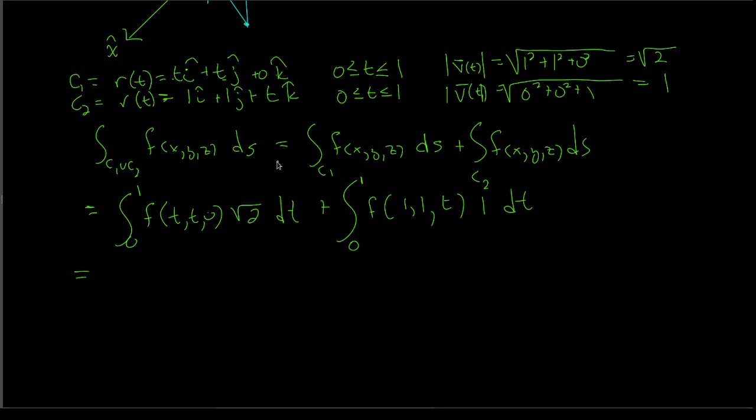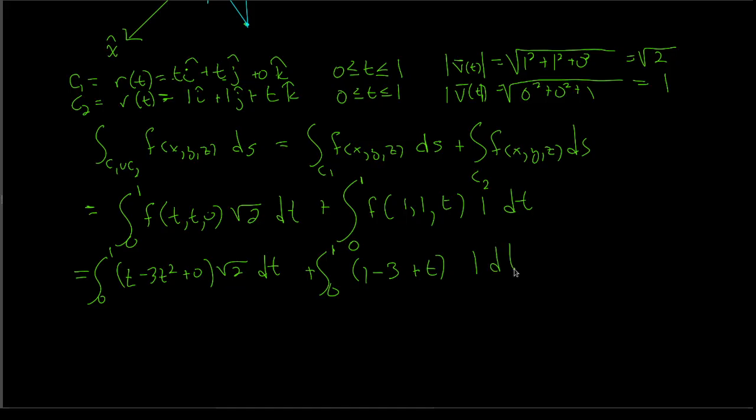And now if we plug into our function, that means we're going to have t minus 3t squared plus 0 times root 2 dt plus 0 to 1 of 1 minus 3 plus t times 1 dt.